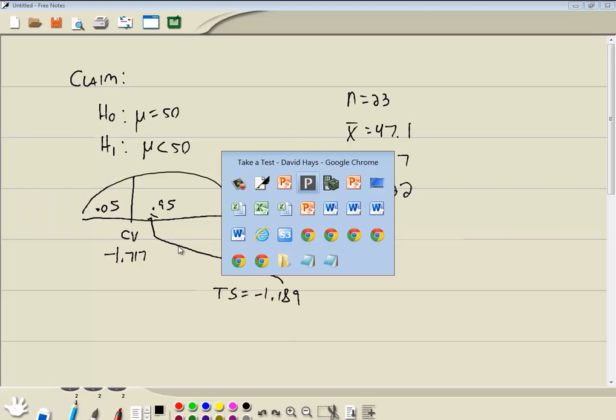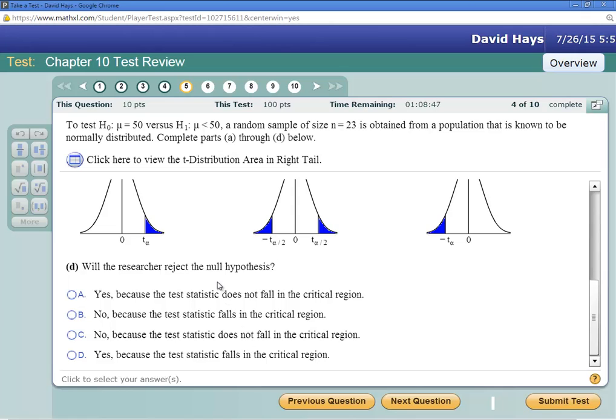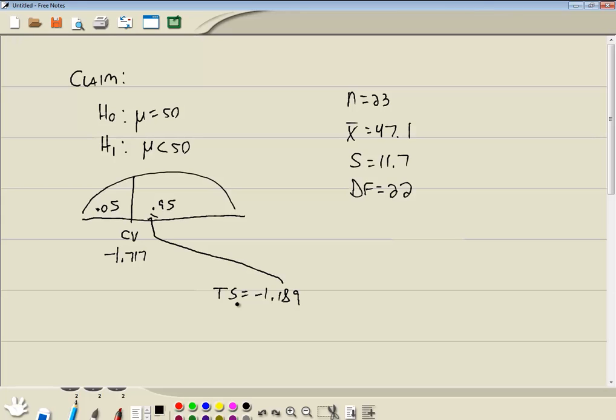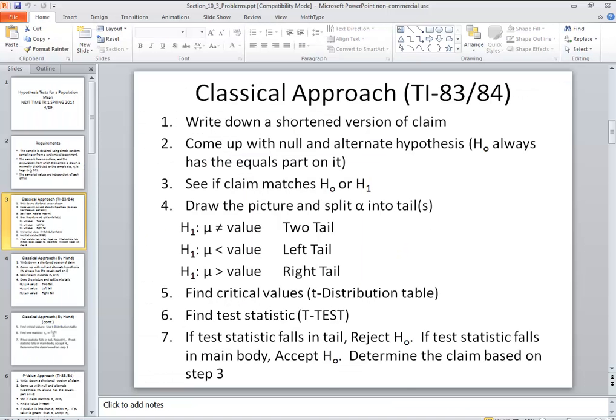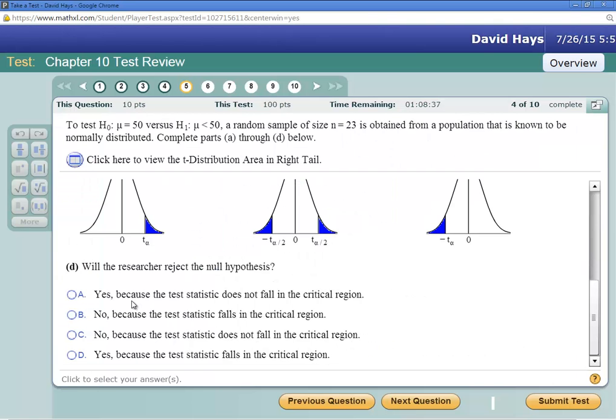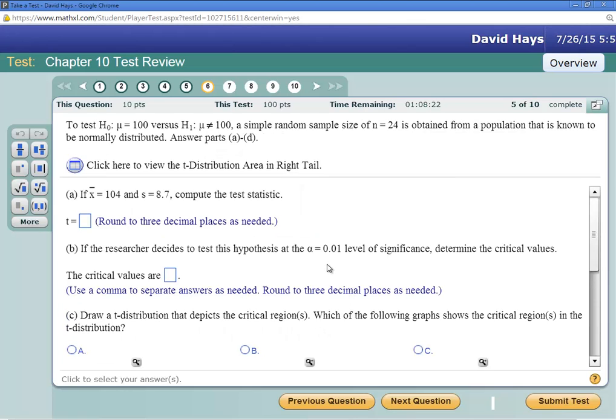So we're going to accept H naught. The test statistic falls in, accept H naught. Will they reject it? No, they will not reject it, because the test statistic does not fall in a critical region. Okay. Number 6.